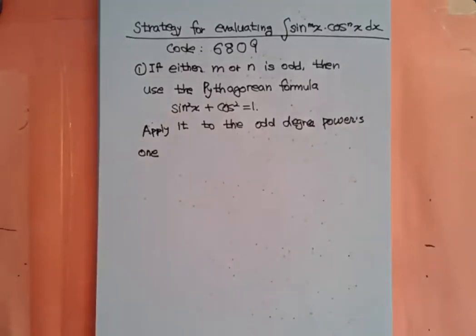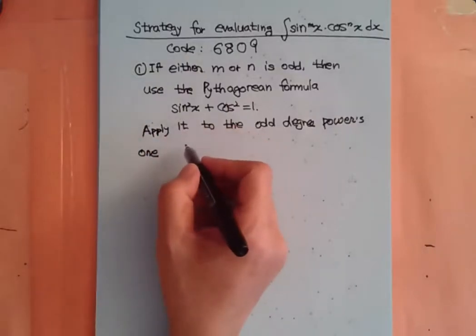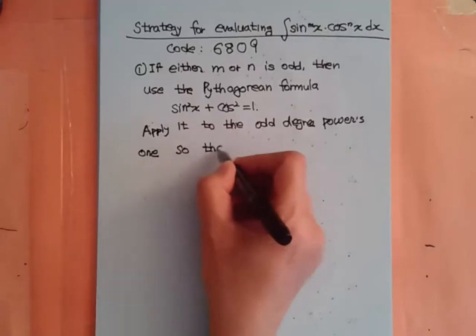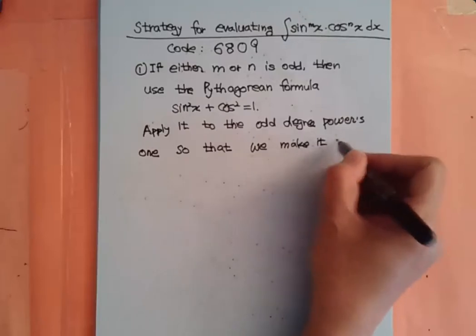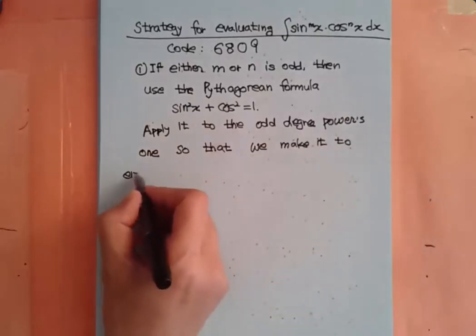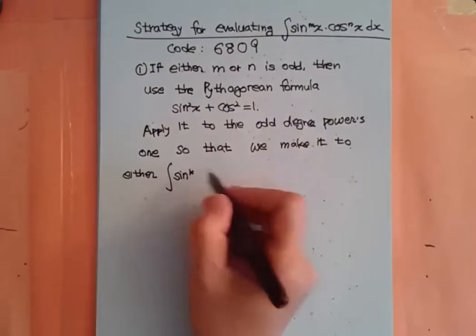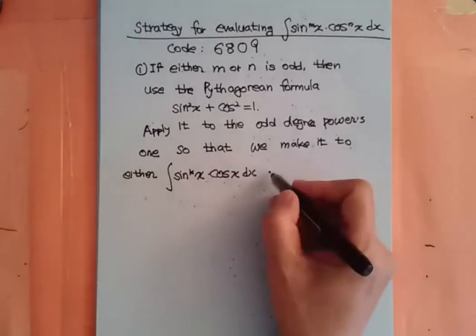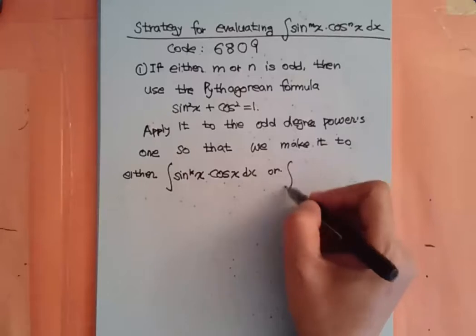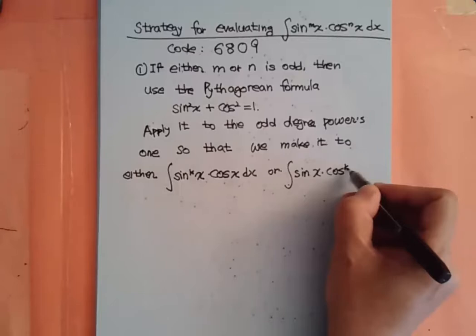Of course, the odd degree power must be split, so that we make it into either the integral of sine to the k power x times cosine of x dx, or the integral of sine of x times cosine to the k power x dx.